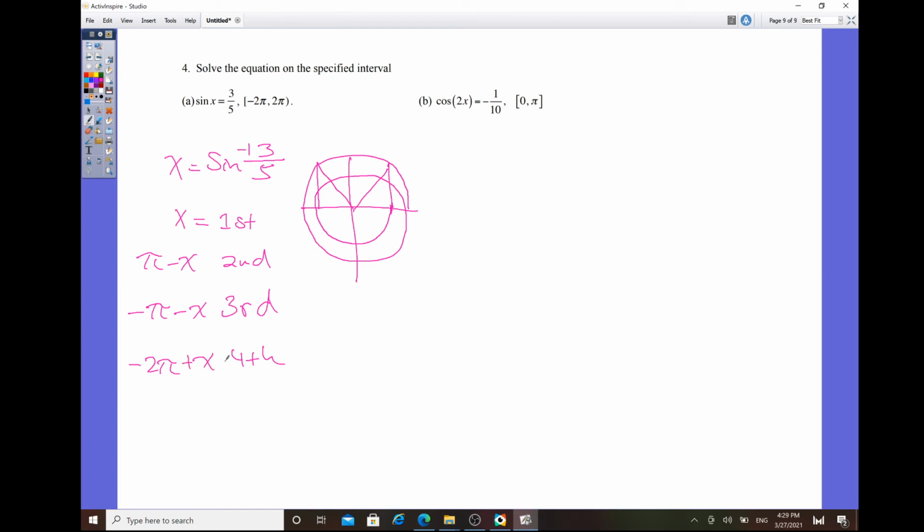So the first solution, just do it on the calculator, and the second solution is pi minus x, going counterclockwise, and then going clockwise, negative pi minus x and negative 2 pi plus x.